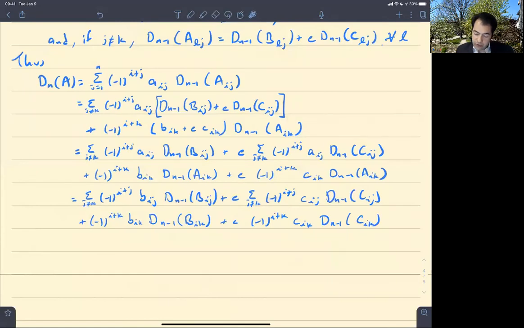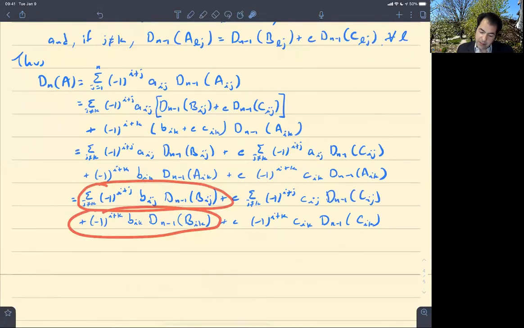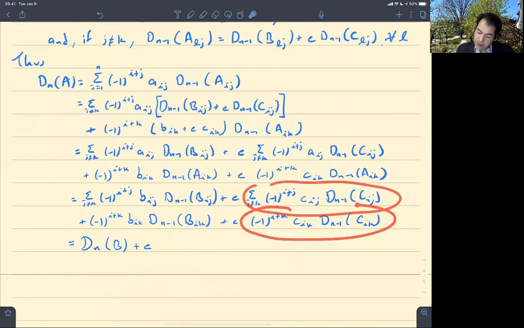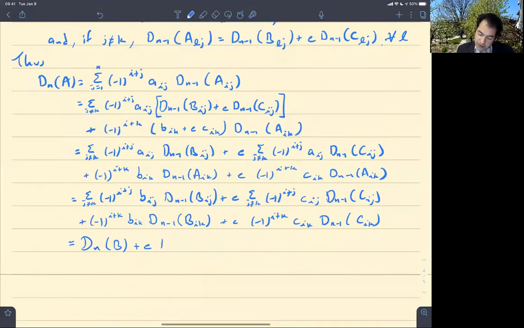Wonderful. Now we stare, and we notice that this sum plus this term gives us the function D_n of B, and this sum plus this term gives us D_n of C. And we have what we wanted to show: this function D_n is multilinear.